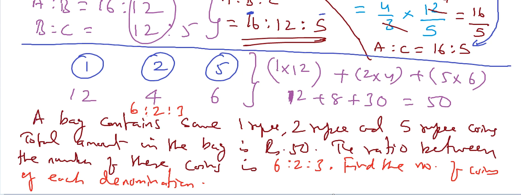So how to solve this problem? Okay, we know the coins are 1 rupee, 2 rupee and 5 rupee coins, and the ratio is 6 is to 2 is to 3. Okay, so let's solve like this.